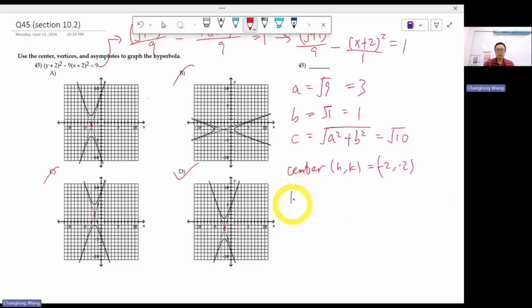So vertices, foci, they are still lined up with the center, right? And depending on whether it's going to be a horizontal or vertical opening hyperbola. Since it's a vertical hyperbola, everything's going to line up on a vertical line. Therefore, you should start from the center, -2, comma -2.